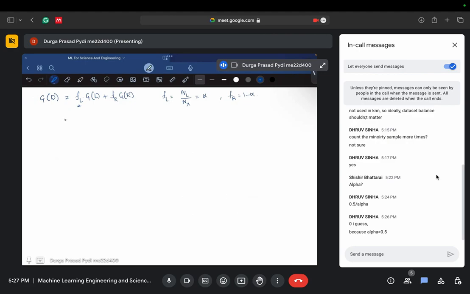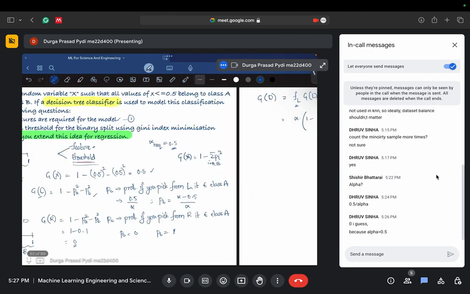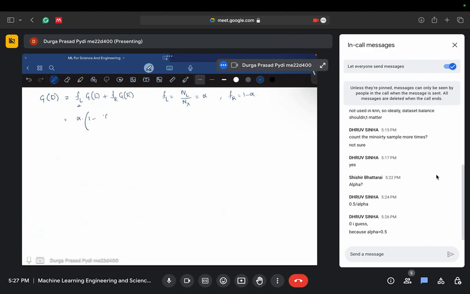So if you just substitute the values, you have alpha times the G of L, and G of R is 0 since it is a homogeneous data set.